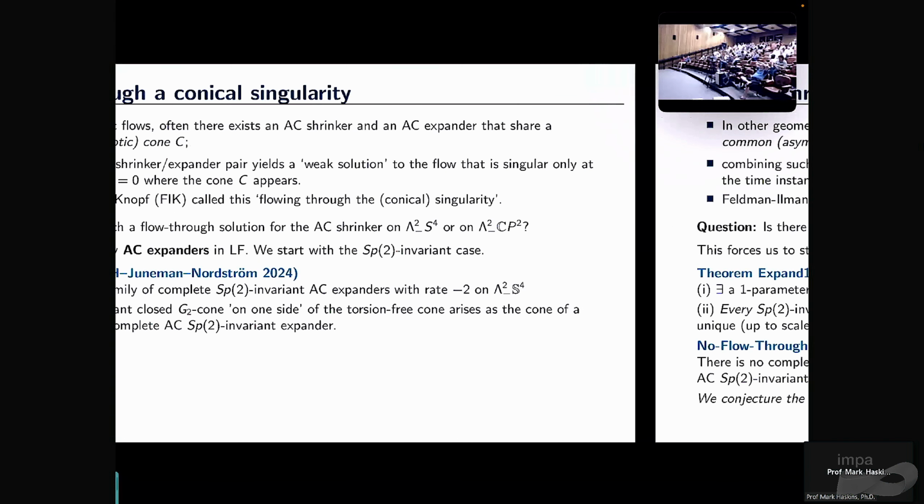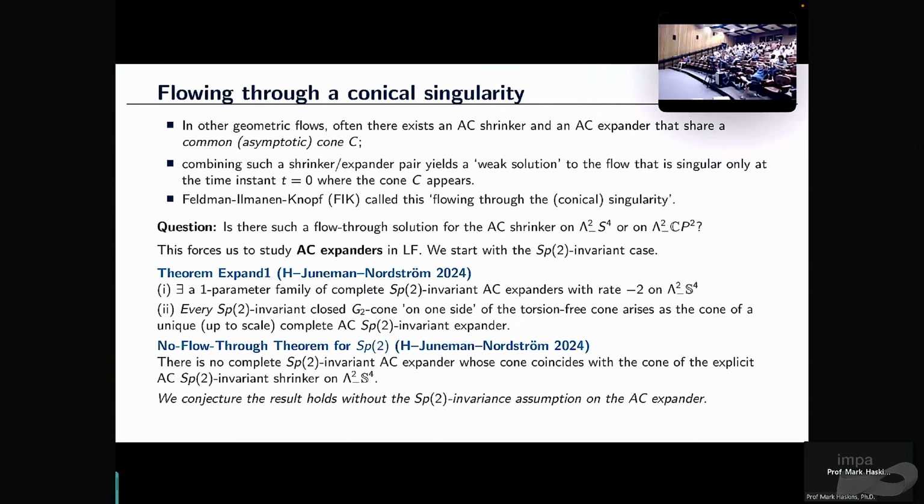However, the cone of the shrinker that we found is not on that side. So this leads to a no flow through theorem, at least in this sp2 invariant case, that says there is no complete expander whose asymptotic cone is the cone of the shrinker.